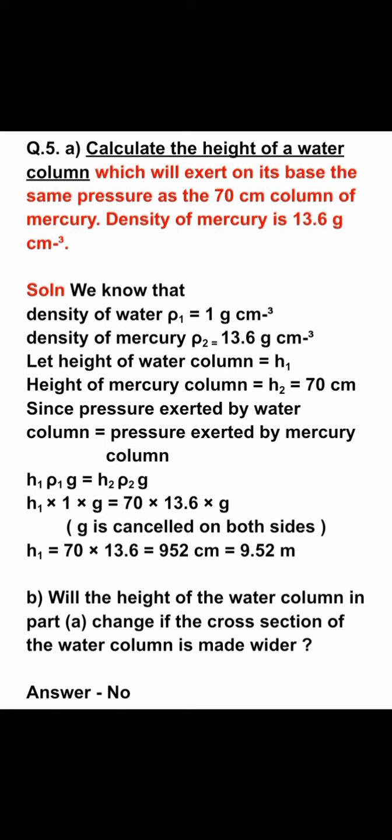The subpart of the question is, will the height of water column in part A change if the cross section of the water column is made wider? The answer is no, because the pressure is not going to change if the cross section of water column is made wider.